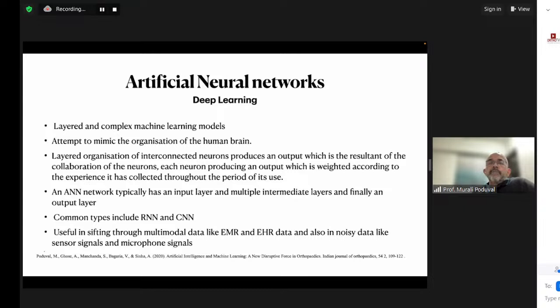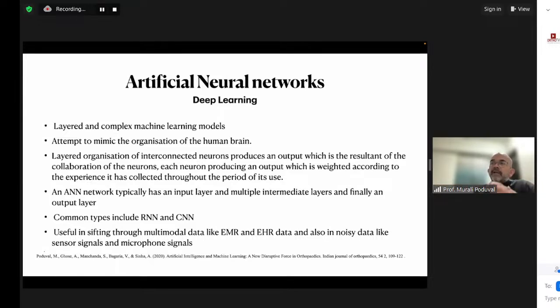Now, coming down to deep learning, these are commonly known as ANN or artificial neural networks. These are modeled on the basis of the human brain. So you have a layered organization of neurons, which are actually nodes within the network. So when they are layered, they are believed to mimic the human brain. Each layer has a weight.